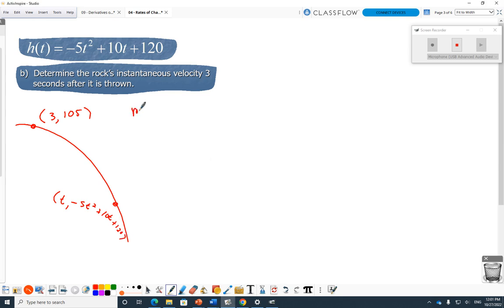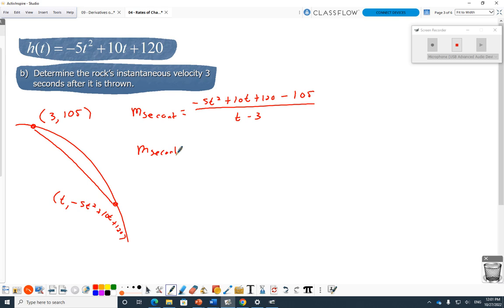secant slope formula. It's a formula for this slope here, this secant slope. So I go negative 5t squared plus 10t plus 120, subtract the 105, over t minus 3. And in chapter 2, I stopped there.